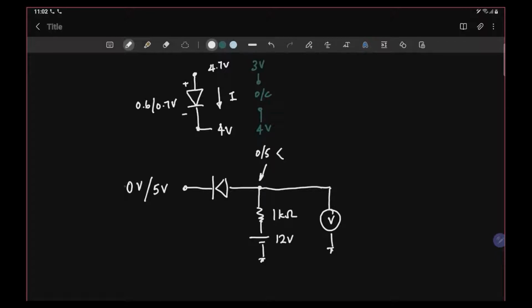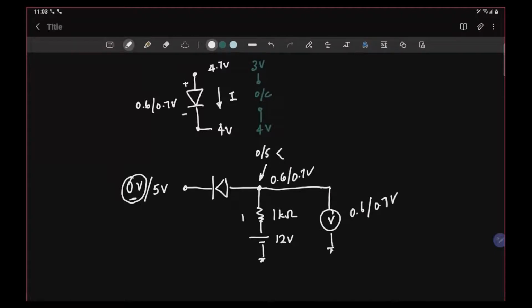Both 0 and 5 volts at this point is always greater than this because we've got a 12 volt supply here. So if it's 0 volts, then I will expect 0.6 or 0.7 volts at this point here. If I put 0 volts on this side and measure the node at this point using a voltmeter, this should show 0.6 or 0.7 volts.